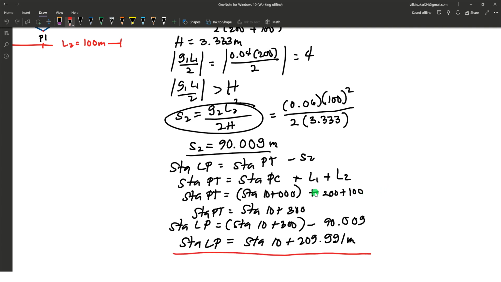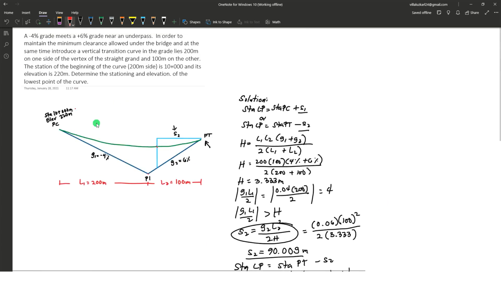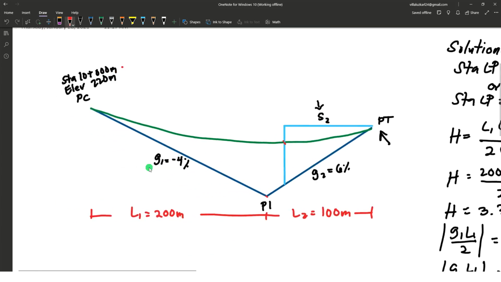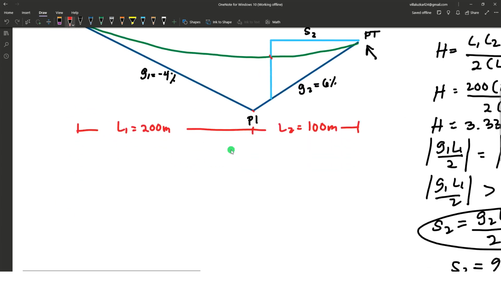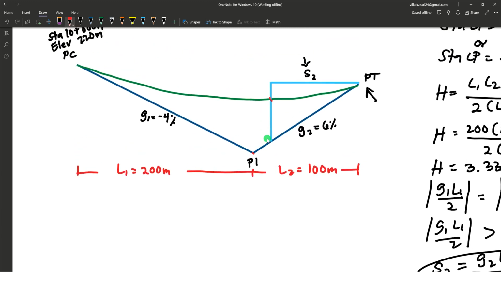For the elevation of the lowest point, going back here, we don't have yet the elevation of PT. So let's determine first the elevation of PT before we proceed to determining the elevation at the lowest point.